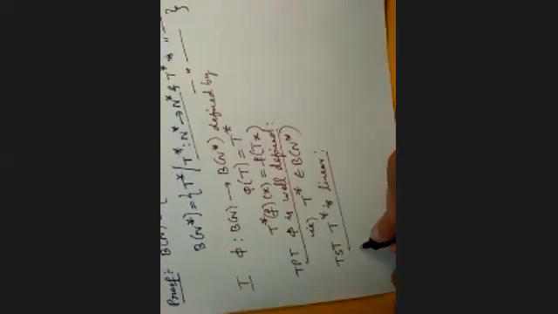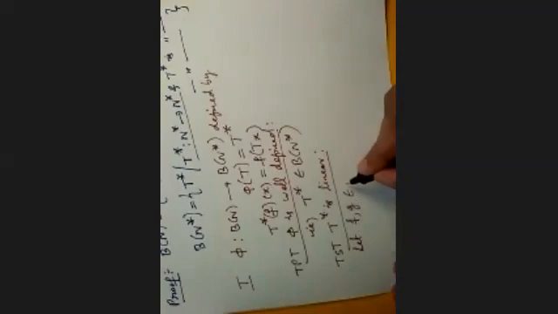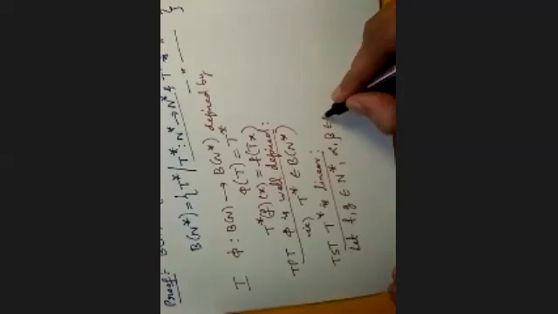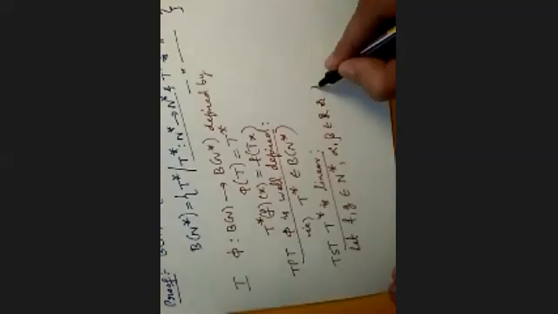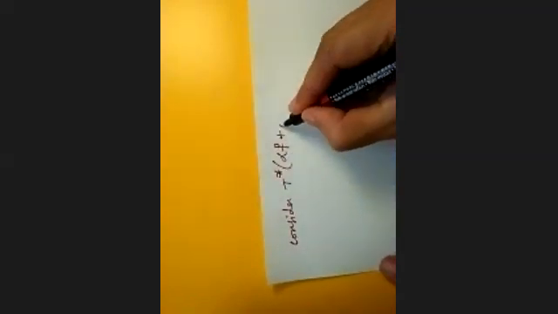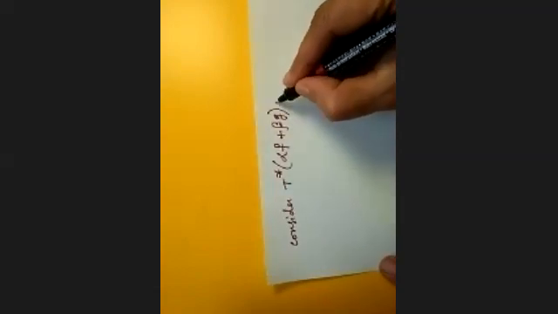Now let f and g be two elements from N star, and alpha, beta belong to the field R or C. Consider T star of (alpha f plus beta g) at x.